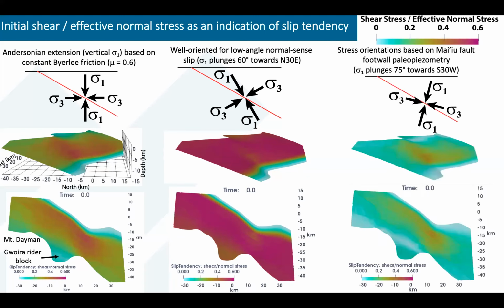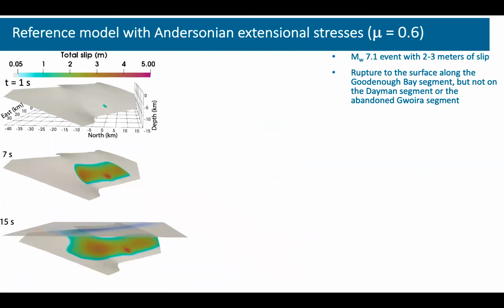And finally, the other alternative is where sigma 1 dips back and the fault is more poorly oriented than in the Andersonian case. Here you can see that the general patterns still match the initial Andersonian case, but the magnitudes of the shear over normal stress are much smaller. We don't expect as much slip in that case.